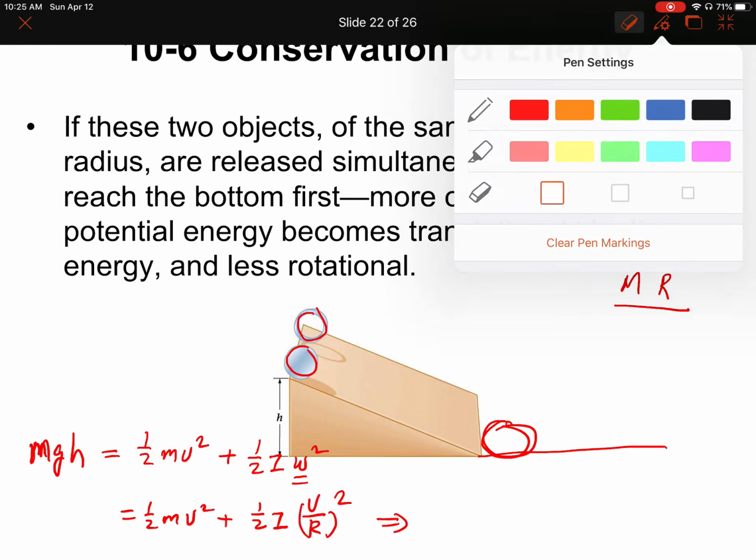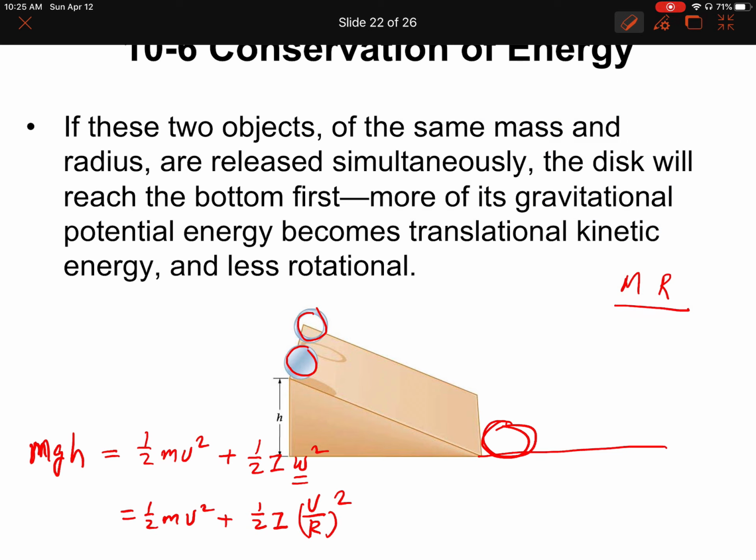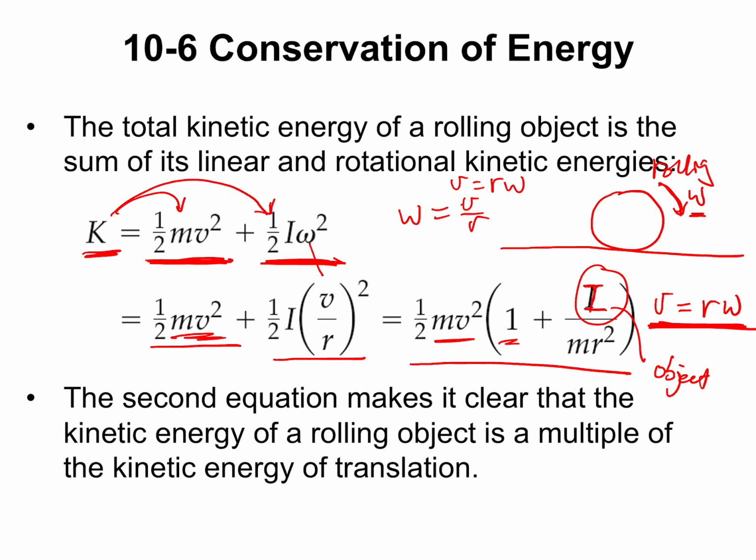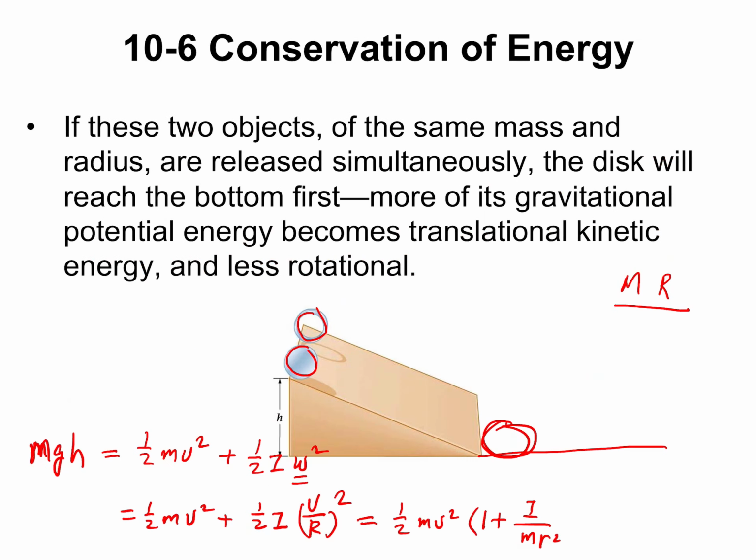From the previous equation, this equals 1/2 mv square times 1 plus I over mr square. Wait, that's mr square. Yes, it's mr square.